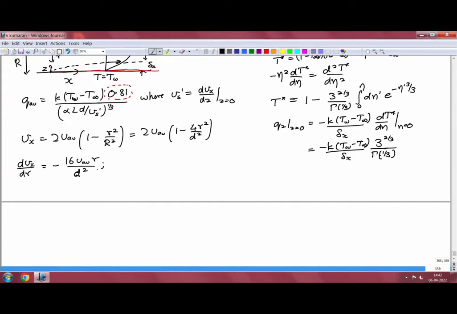And the strain rate at the surface, dVx by dr at r is equal to d by 2, is going to be equal to 8 V average by d. Just substitute r is equal to d by 2 to get the strain rate at the wall. So, this is 8 times V average by d. If you recall, when we did the discussion of the pipe flow, we had got this as 4 times V average by r, or 8 times V average by the diameter.